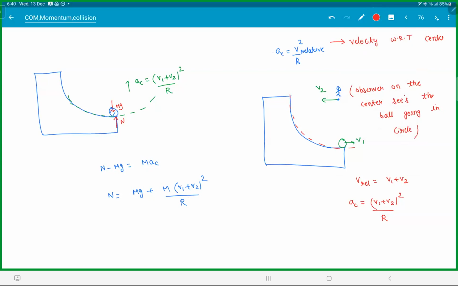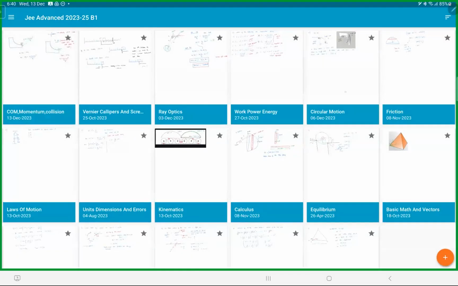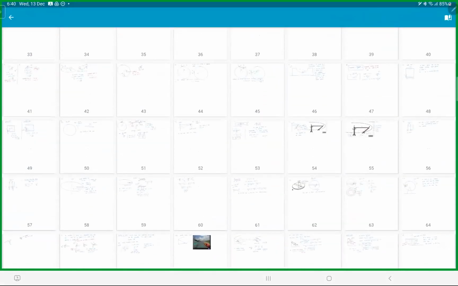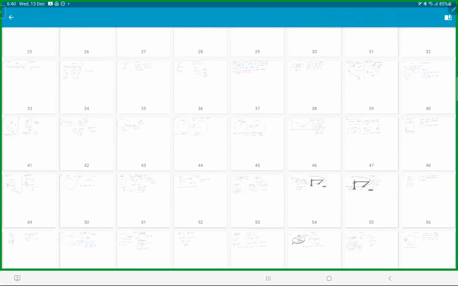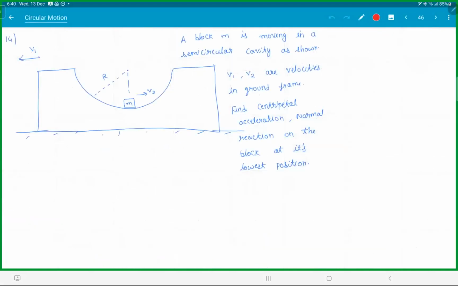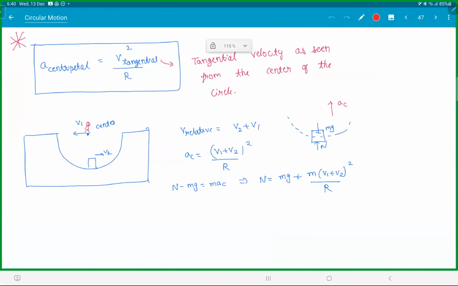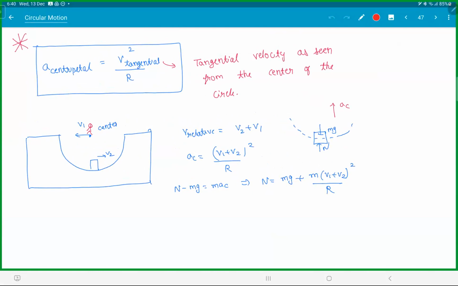Didn't we do this in circular motion? We wrote a statement like this, if you remember. You guys forgot. There, 14th question C. Same thing. Page 47, circular motion. Check it out.